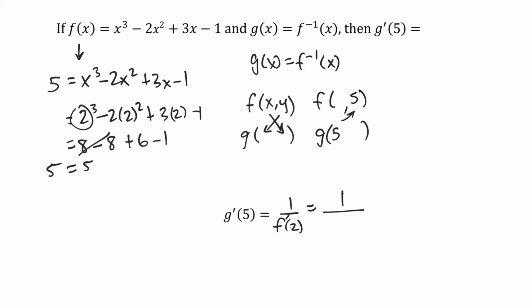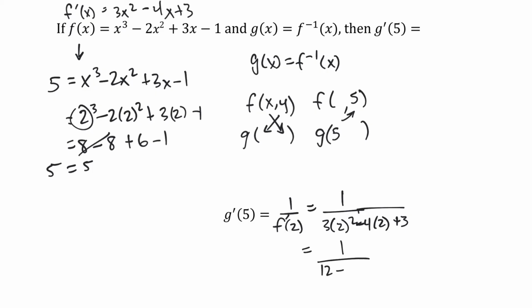The derivative of this function, f prime of x, is 3x squared minus 4x plus 3. So it's 1 over 3 times 2 squared minus 4 times 2 plus 3, which is 1 over 12 minus 8 plus 3. So it's 1 over 7.